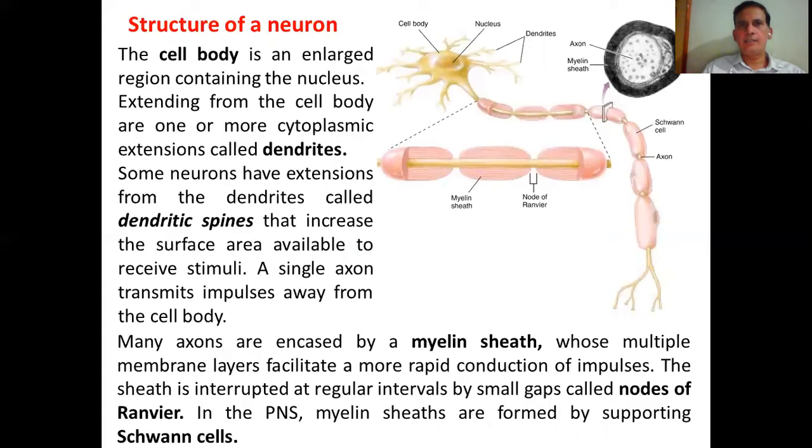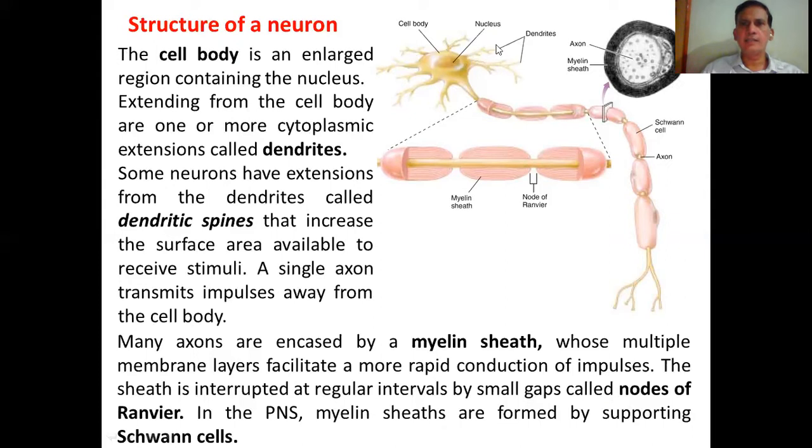Okay, so let's see the structure of a neuron. The neuron majorly consists of a swollen or enlarged structure which is called the cell body. Now this cell body consists of a nucleus, and from this particular cell body are a lot of protruding structures or small fiber-like extensions called the dendrites.